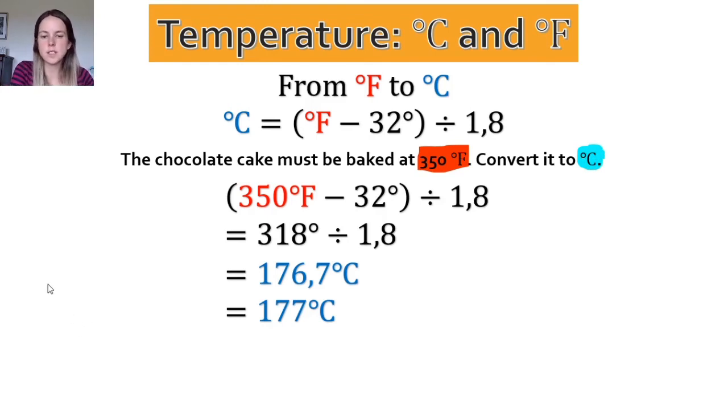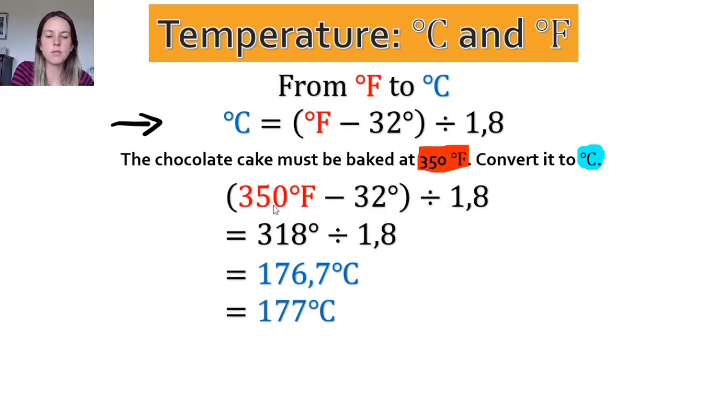First thing we write is the formula, the conversion equation. Then we're going to substitute the degrees Fahrenheit with 350 degrees Fahrenheit. And we're going to get the answer for the bracket.